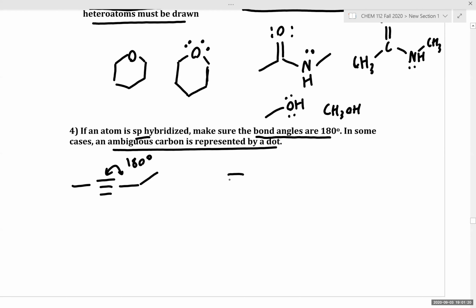In some ambiguous cases, for example the following structure, it's unclear whether we have a carbon at the center of this set of double bonds, so we note that with a dot. This bond line structure is representing the following Lewis structure. So if a carbon's ever ambiguous, you can put a dot to explicitly note that a carbon is present. Does that make sense to everyone?